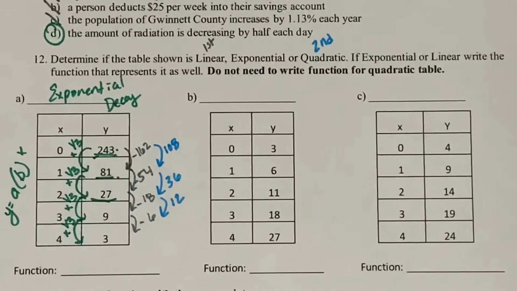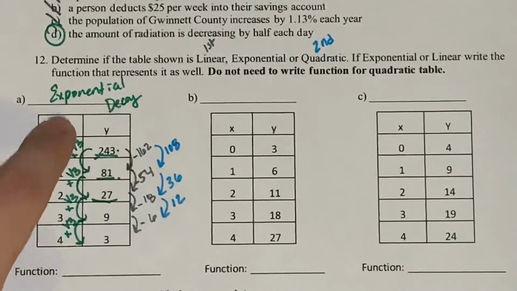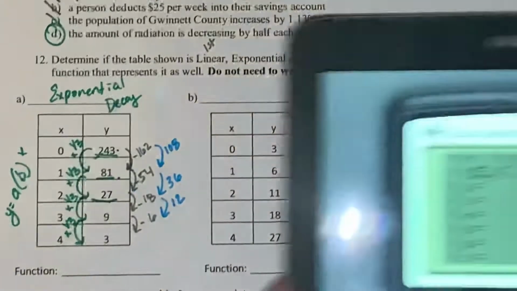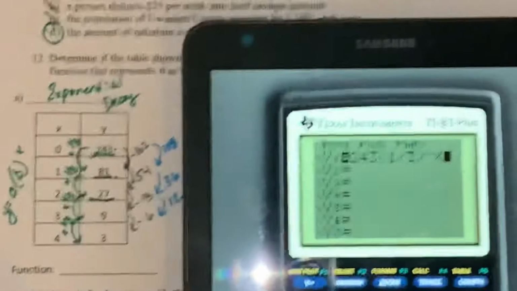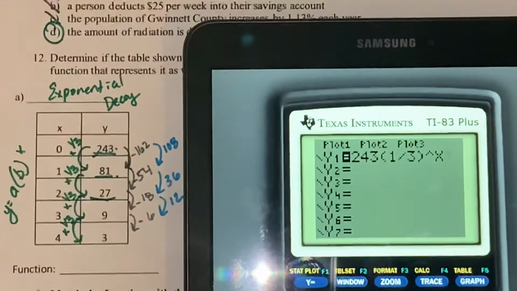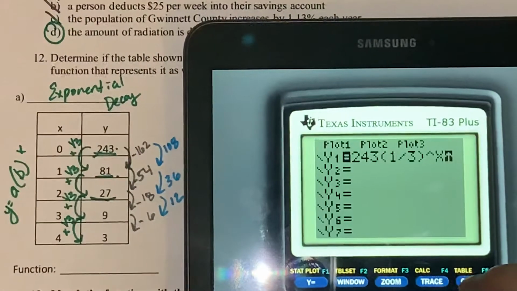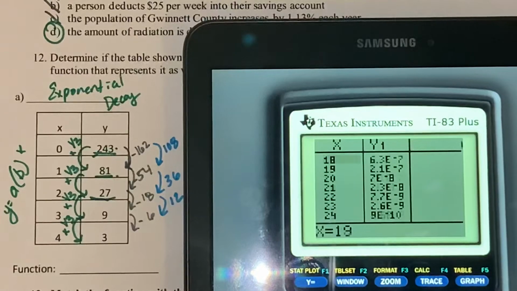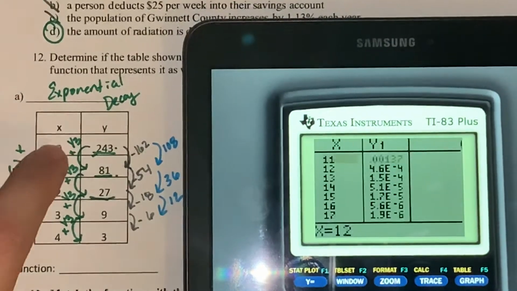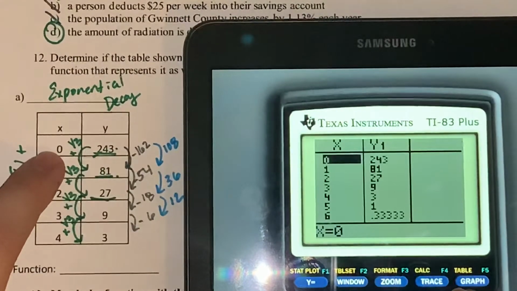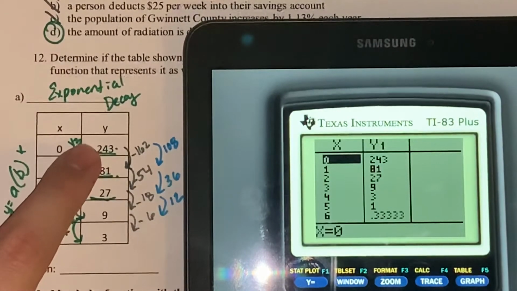I'm plugging this into my calculator just to see if I can match my table, because sometimes tables can be misleading. So here I have my function, 243 times 1/3 raised to the x power. I'm going to go ahead and hit table. And if I scroll back up to match 0 here, where x is 0, y is 243.